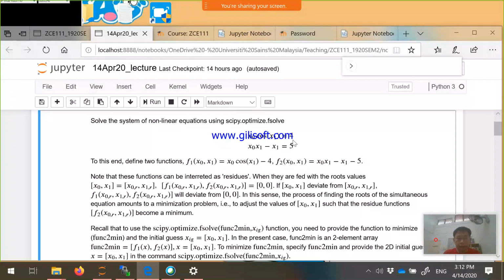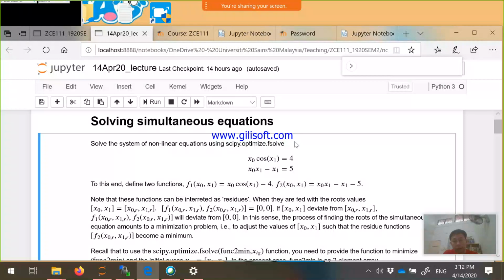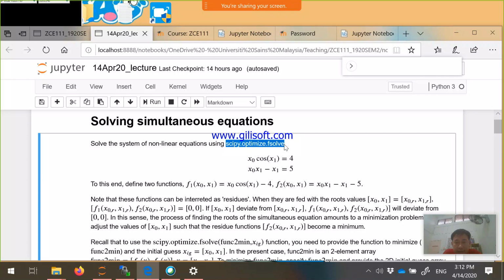Now, how do you find the solution? To obtain the solution for these equations, we are going to use the SciPy optimize fsolve. fsolve, as we discussed in the last lecture, is used for solving optimization problems.